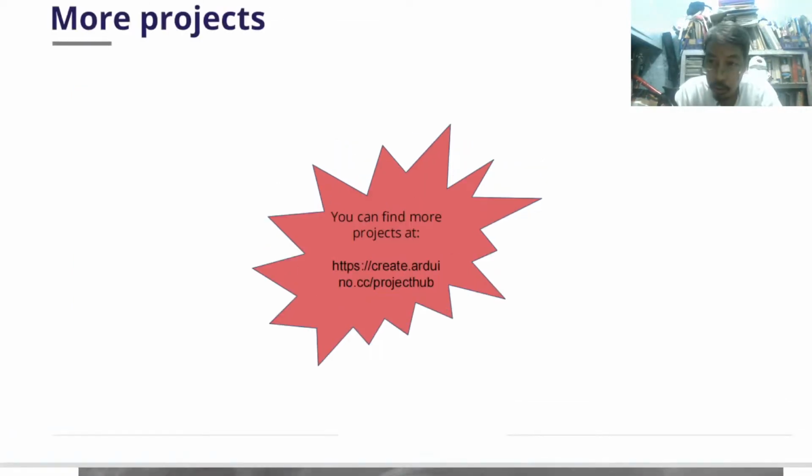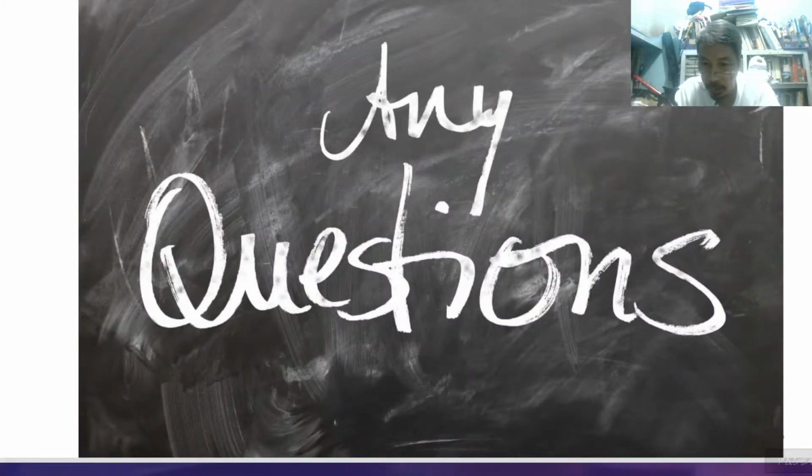We will show you these things when we have the actual Arduino. We'll show you how to do the connection, the wiring, and the program. More projects, we will upload more projects and more samples and demonstrate those projects.